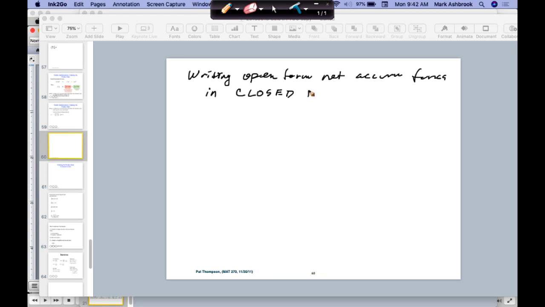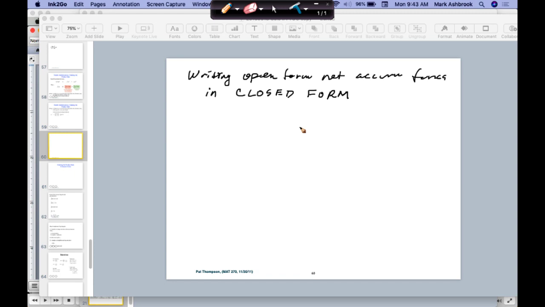All semester long, we've been writing open form net accumulation functions, letting GC do the work for us, using function notation to find values of those functions. And then we saw some motivation for why we want closed form, that we could have a formula that can rapidly generate results quickly and easily. Open form doesn't do that.